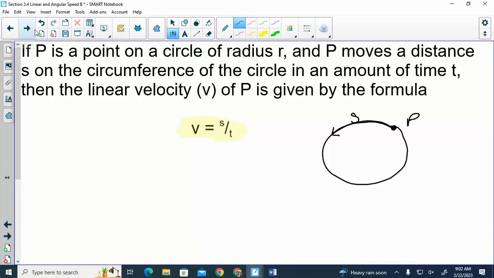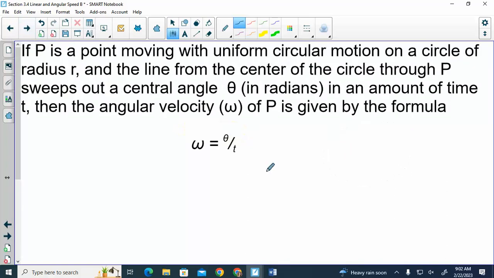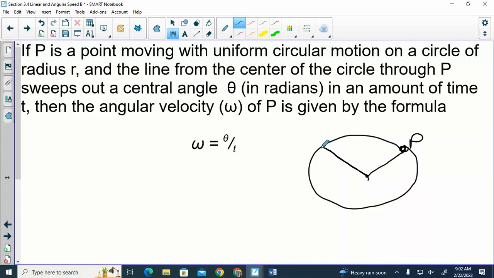The angular velocity is talking about the same scenario. We have a circle, and we have a point on the outside, but instead of talking about how far the point moves on the outside, I'm talking about the angle that's created. So as my point moves from here to here, I'm looking at how much this angle has changed.